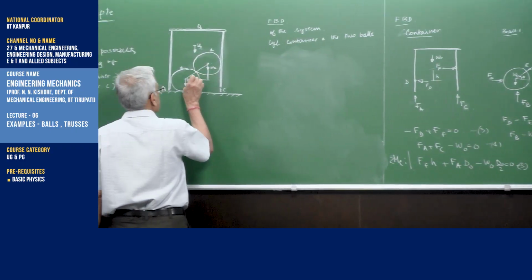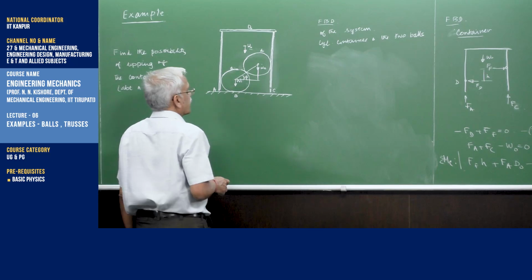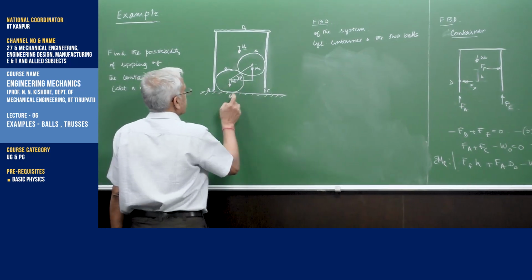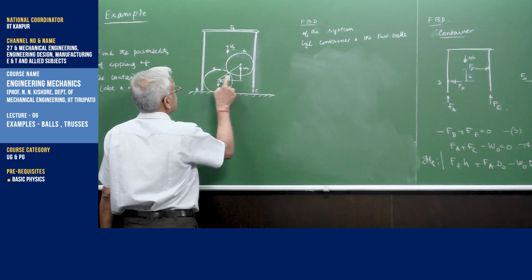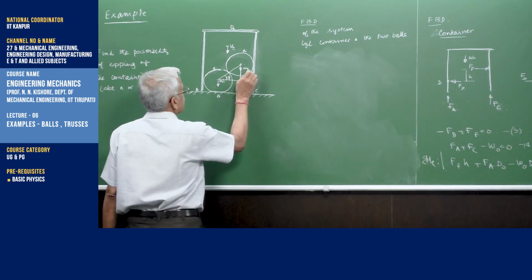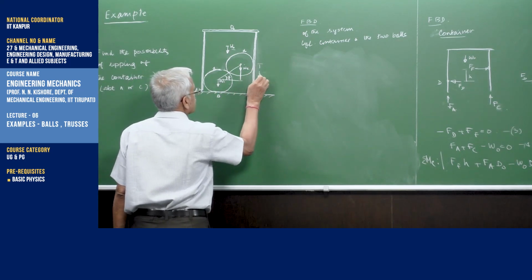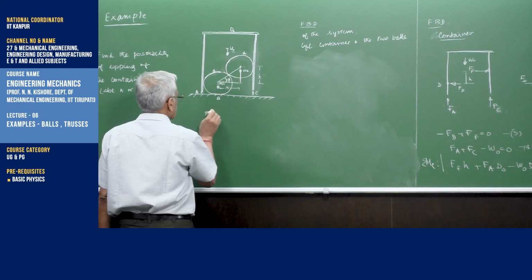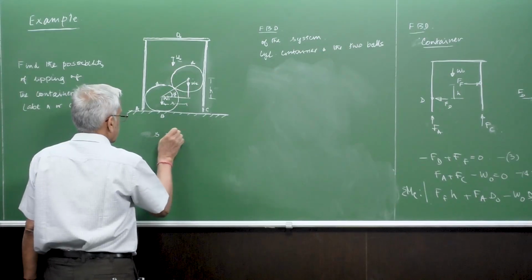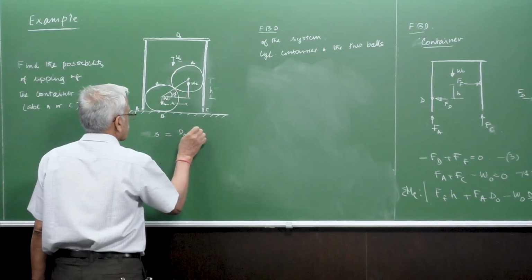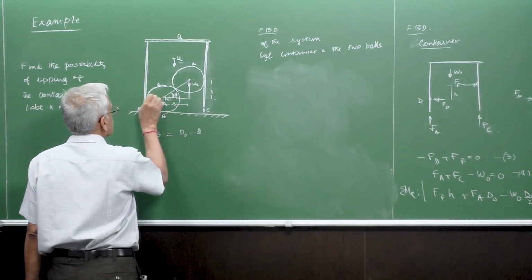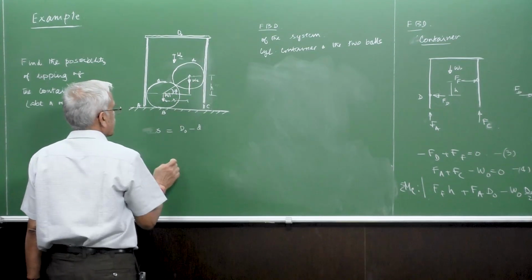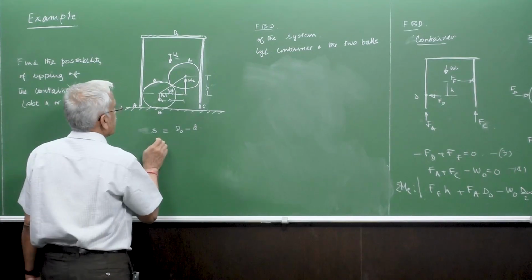This is phi. You can see that the vertical distance is h and the horizontal distance is S. S is d naught minus small d, because this is d by 2 and this is d by 2, subtracted, so it's d by 2.